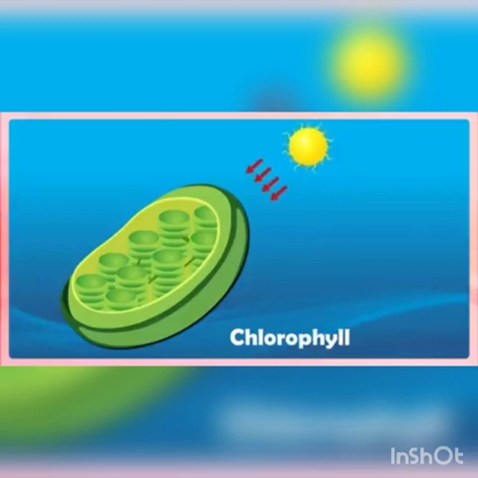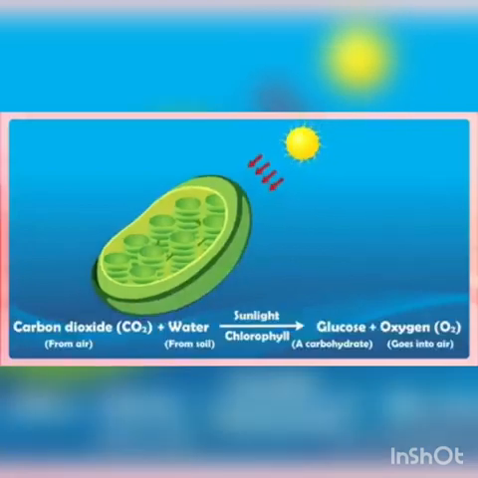Chlorophyll is a green substance which is present in the leaves of plants. In fact, it is in the presence of chlorophyll that plants absorb the energy from sunlight. During photosynthesis, the sunlight energy is absorbed by chlorophyll and is used to combine carbon dioxide and water in the green leaves to produce food like glucose.